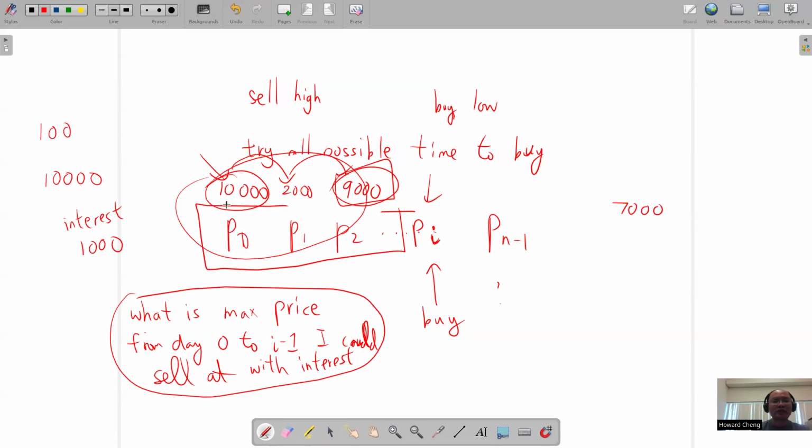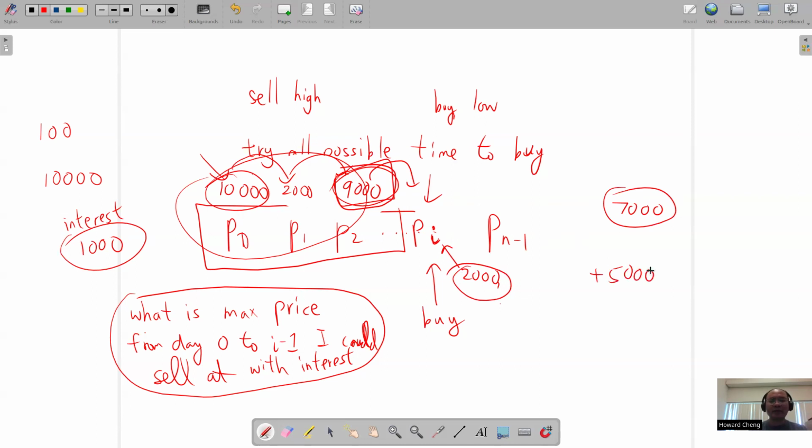Why 7,000? Because 9,000 is best, but when you get to the second day, you have already paid 2 days of interest. And then if this is, say, 2,000, you know that you can sell something and keep 7,000, pay $2,000 back, and you make a profit of plus 5,000. Okay.